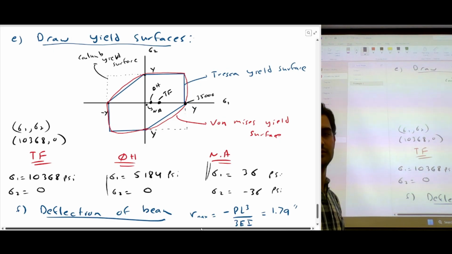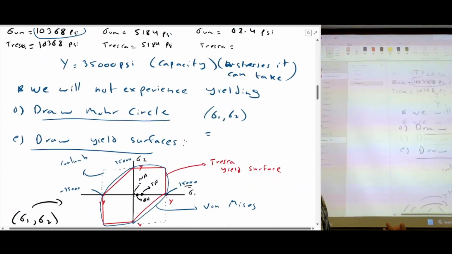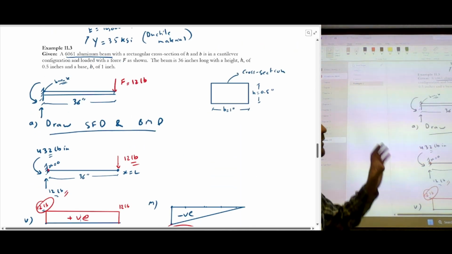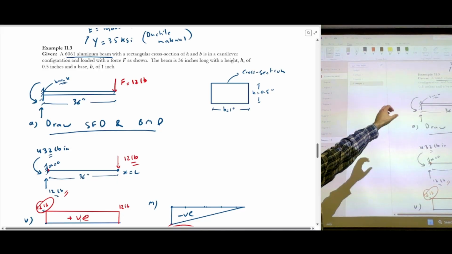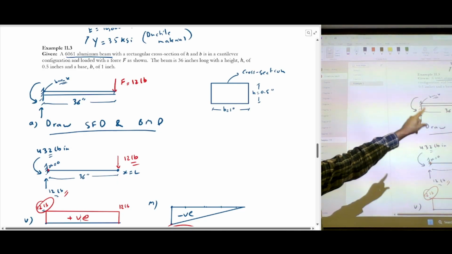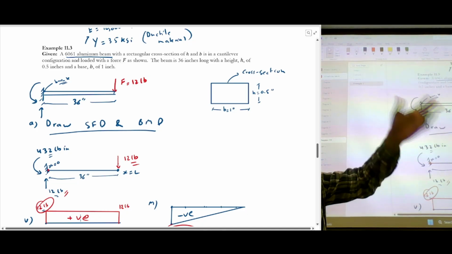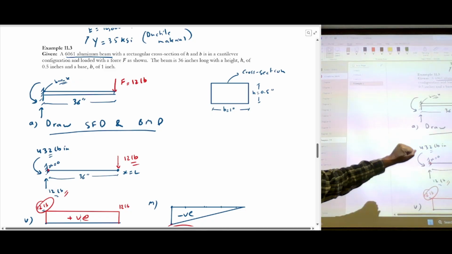So that's how we can analyze any structure. To summarize, we were asked to figure out if this cantilever beam under a 12-pound load will experience yielding or is safe.